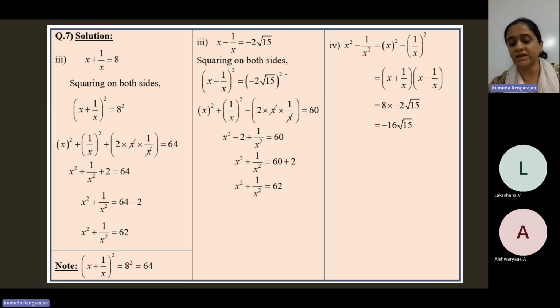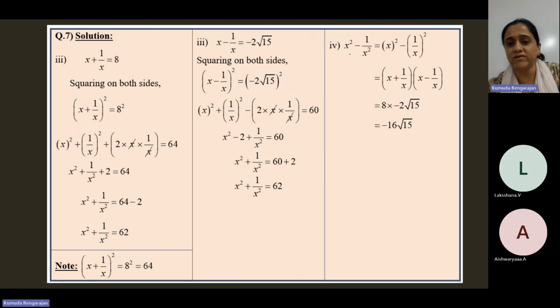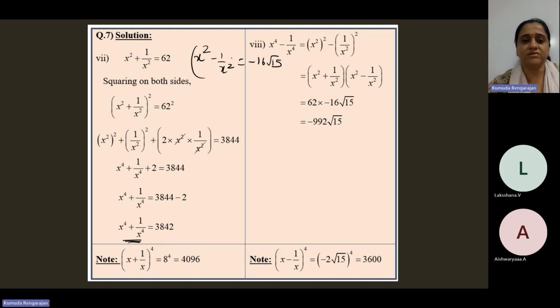X square minus 1 by x square is equal to minus 16 root 15. You can square this equation on both the sides to find the value of x to the power 4 plus 1 by x to the power 4.